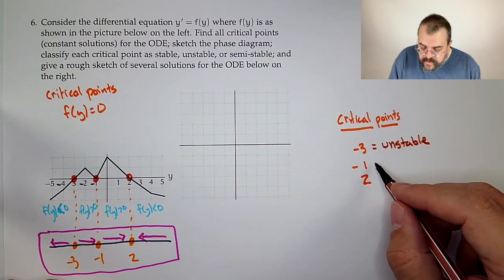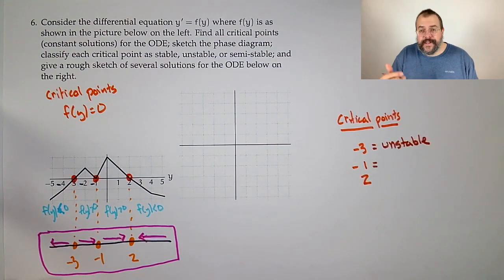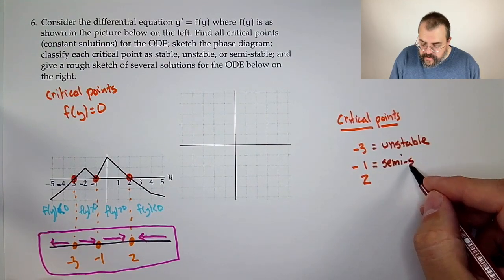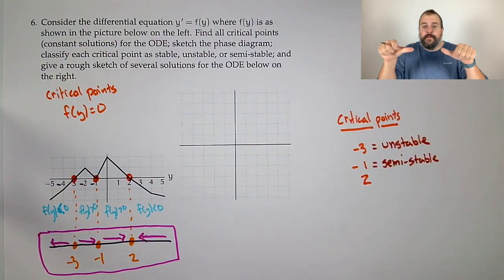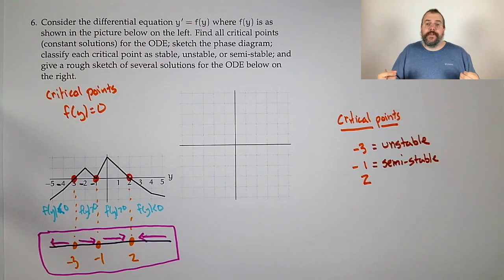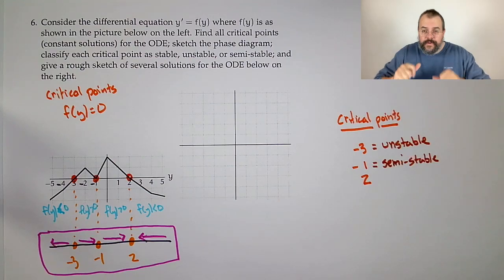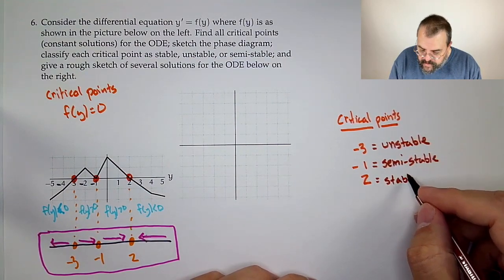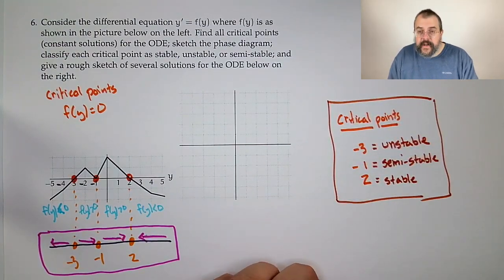So this is sort of half stable, right? On one side it's stable, on the other side it's unstable, and we call this semi-stable. And then at 2, we see we're pointing in. That means that if we're close to 2, we move to 2. So that is stable. All right. So that's another part of our answer.